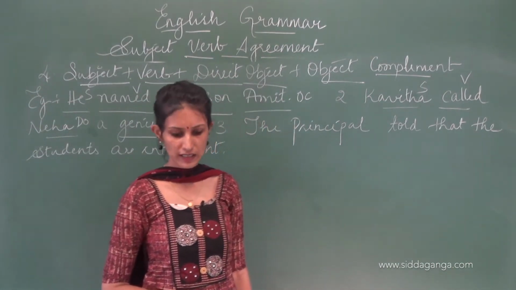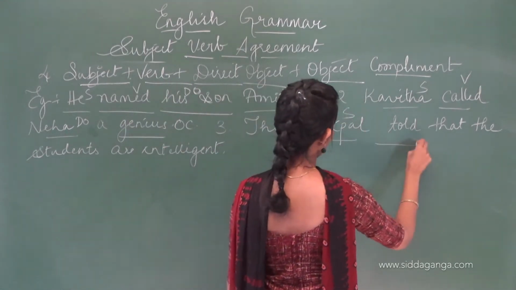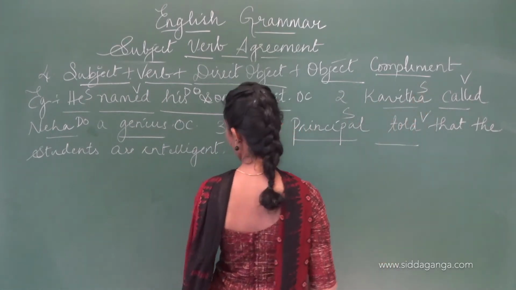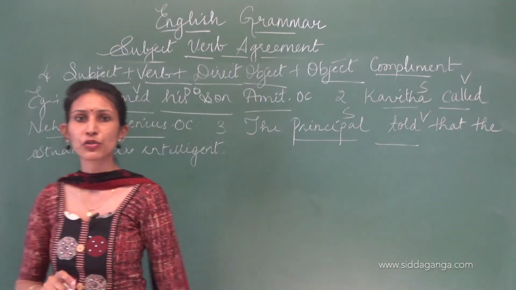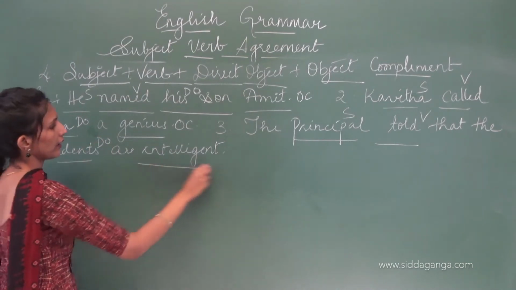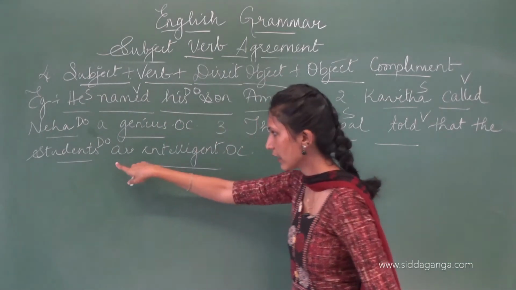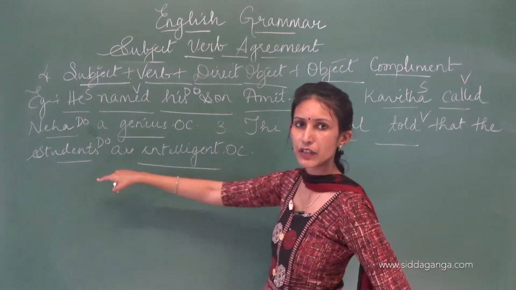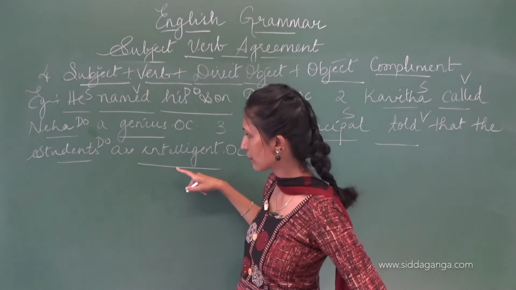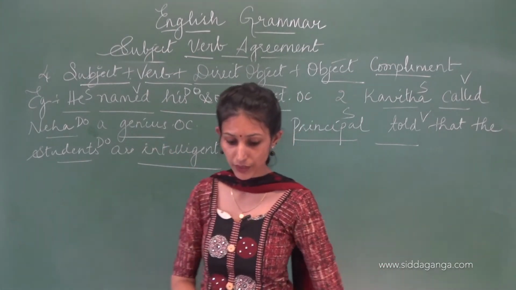So the principal is the subject, isn't it? The principal is the subject. He telling something becomes the verb there. Who is the direct object? The students are the direct object, and intelligent becomes the object complement, because he or she, the principal, is referring to whom? Students, and specifying that they are intelligent. Moving on, we'll go to the next one.